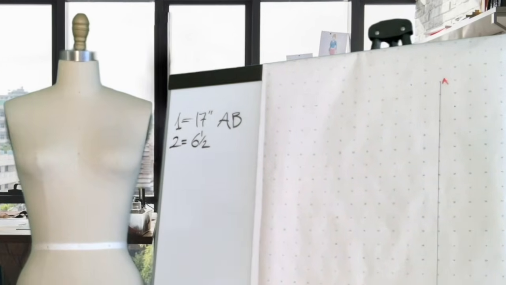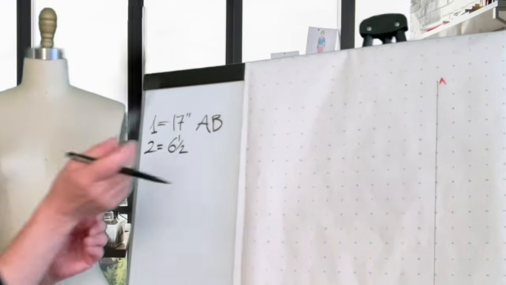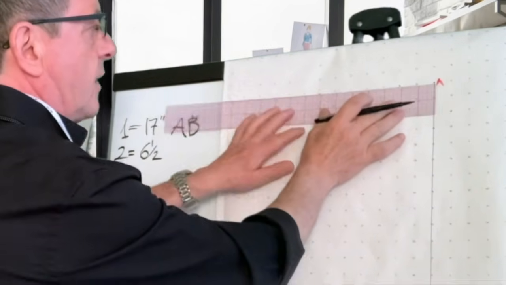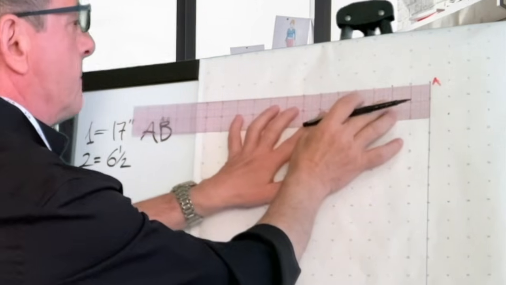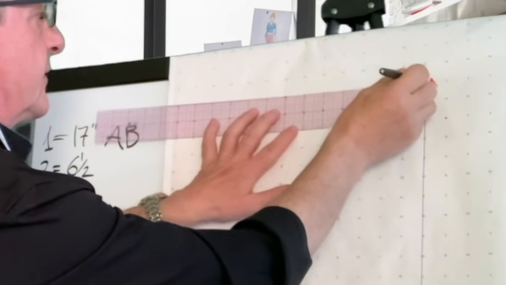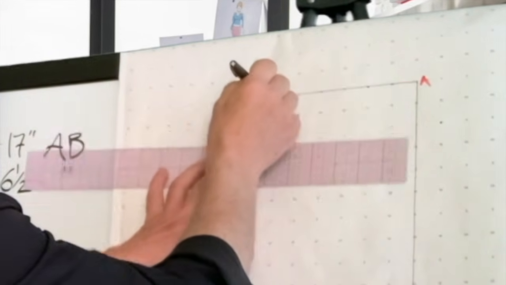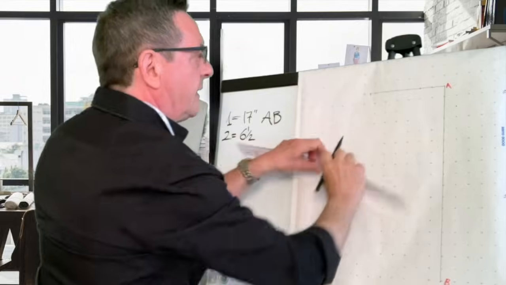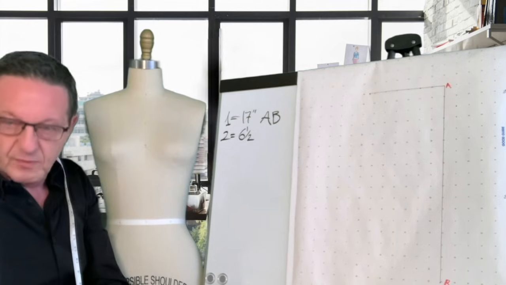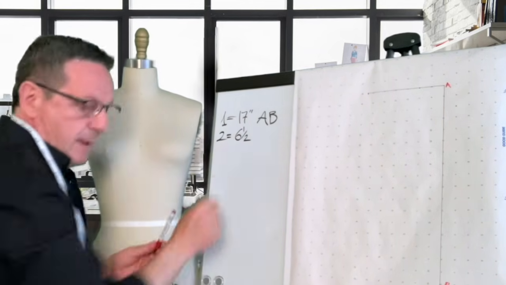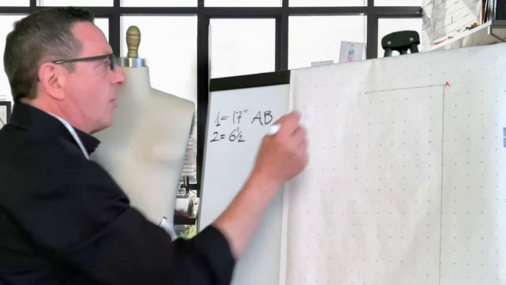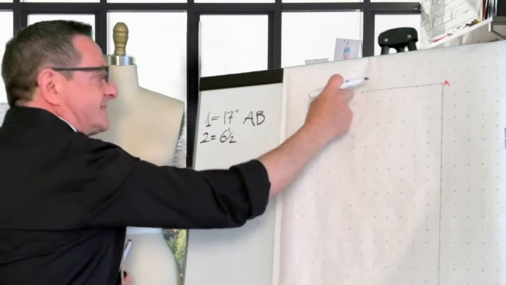So now I'm gonna take my ruler, come across from A and measure 6.5 inches across, which is right there, okay? So we have A, B, and now we're going to create AC.